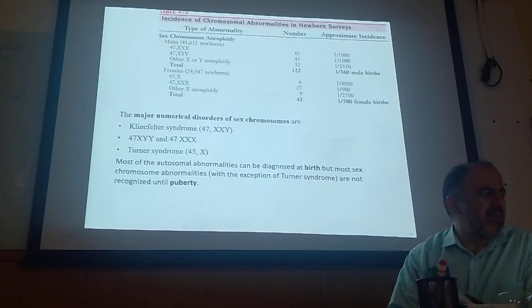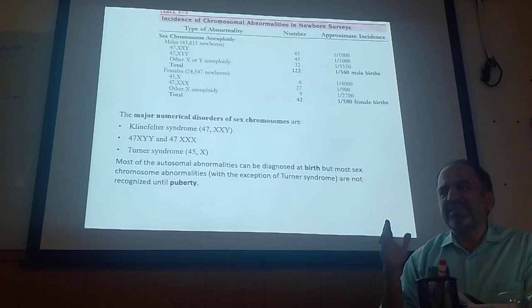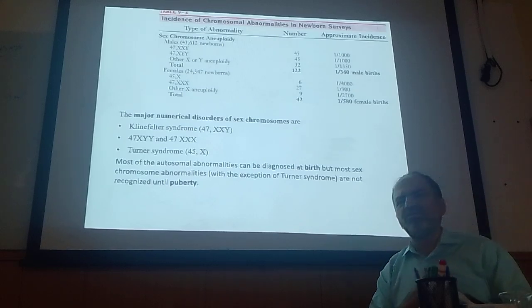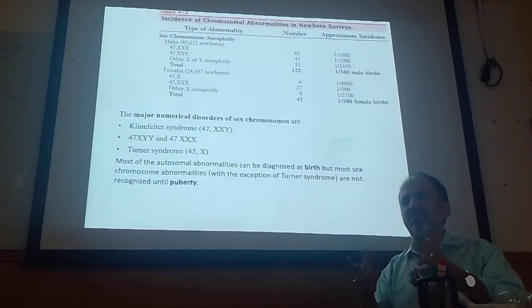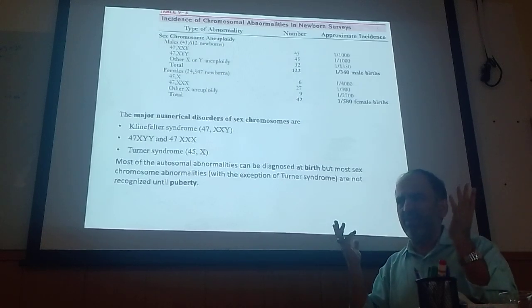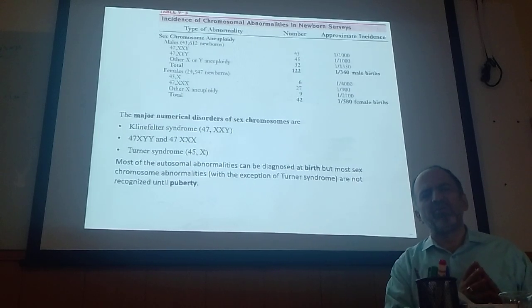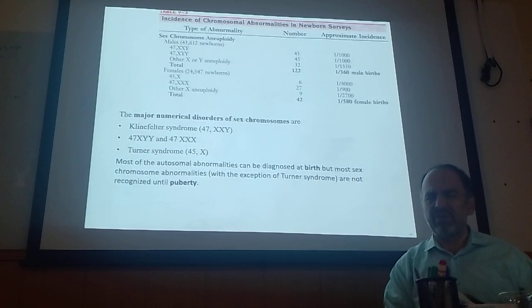The thing to remember is that, compared to autosomal chromosomal abnormality, in sex chromosomal abnormality the problem is not too much. In autosomal chromosomal abnormality, you see hand, heart, IQ, everything was problematic. In the sex chromosomal abnormality, usually they are normal. Forget about Turner syndrome.